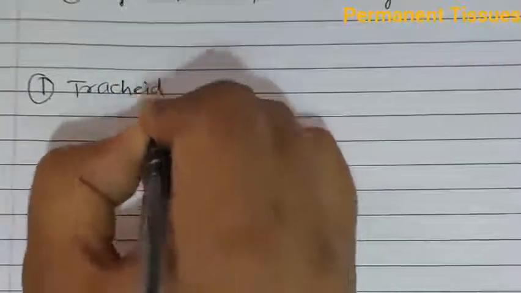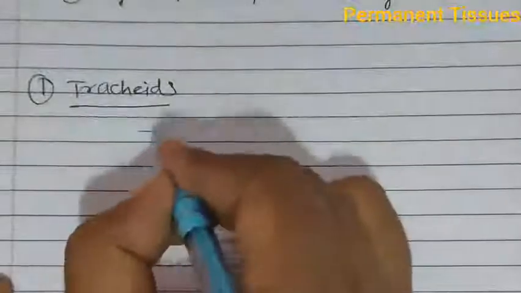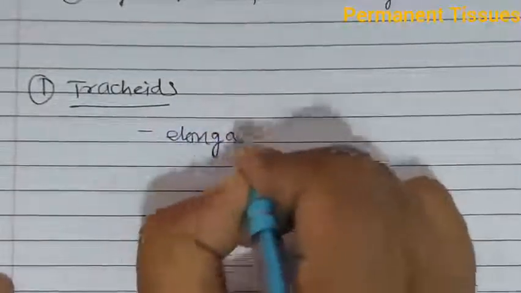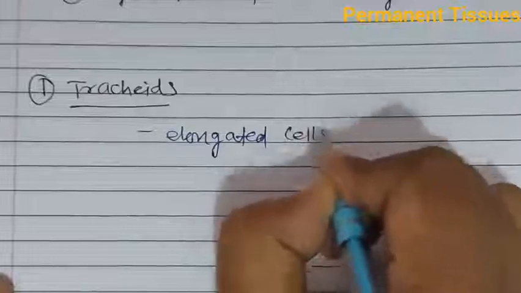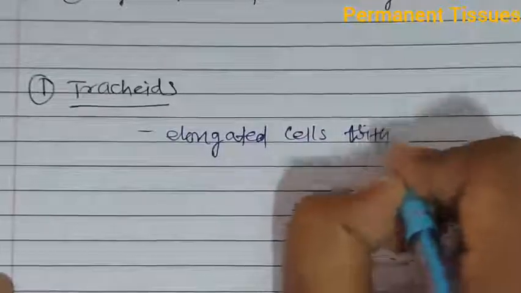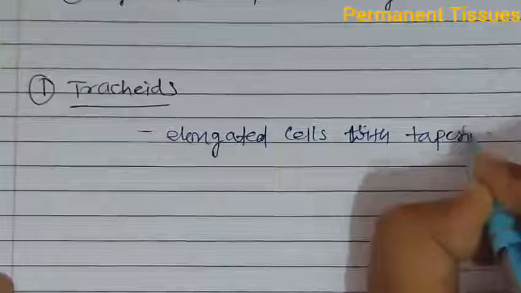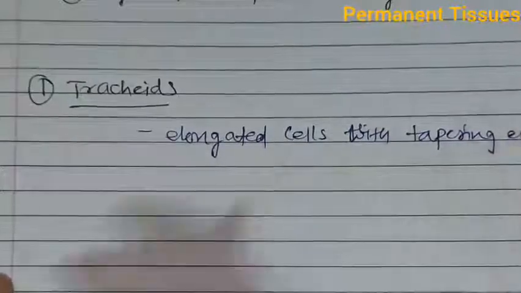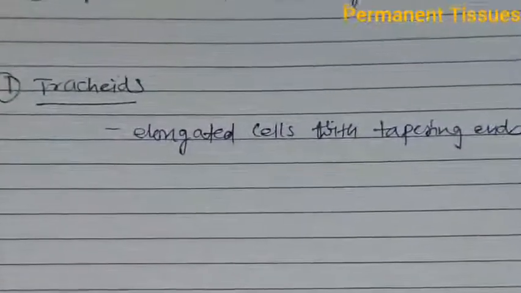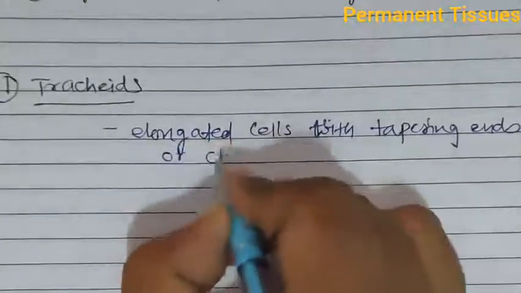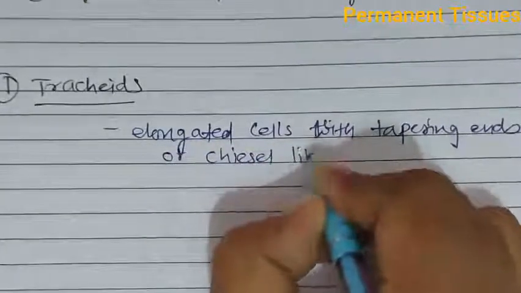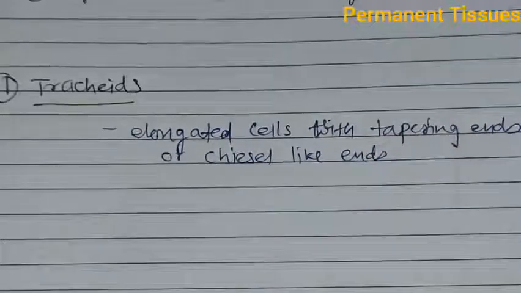So first we start with the tracheids. Tracheids are elongated cells with tapering ends, or chisel like ends.